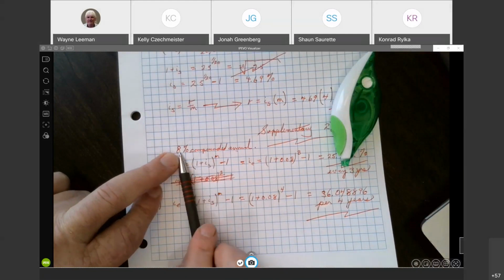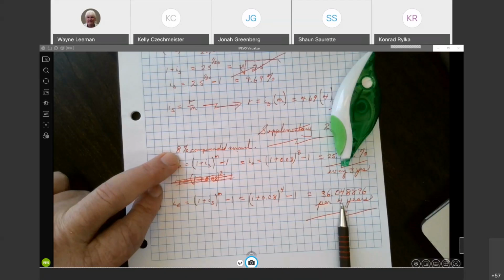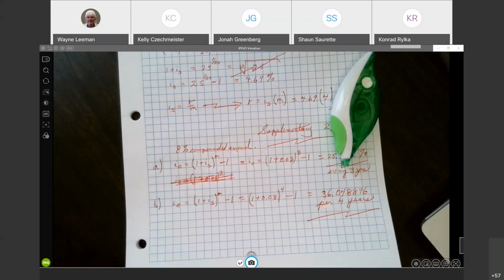That would be 32. 4 times 8, 32. But instead, the actual answer is 36.048896. And that's because, again, I know I'm repeating myself, if we just simply do the straight multiplication, we're ignoring the compounding effect of interest over that 4 years.